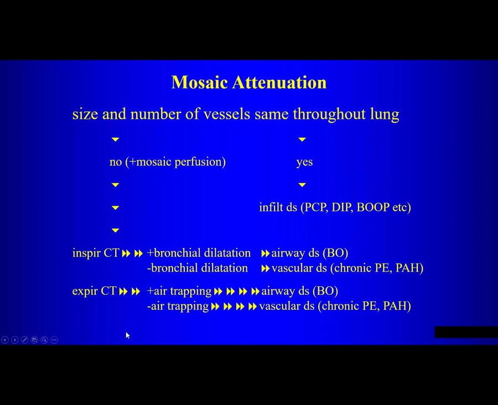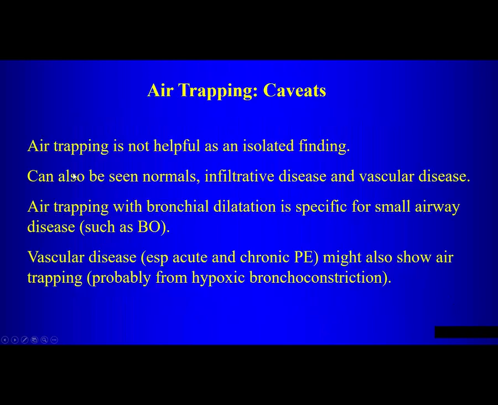If there's air trapping on expiratory CT, then we think of airway diseases like bronchiolitis obliterans, okay? If there is no air trapping, then we think of vascular disease like chronic PE that is causing the mosaic perfusion.